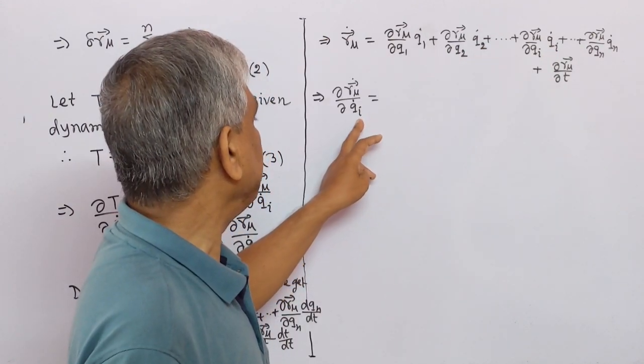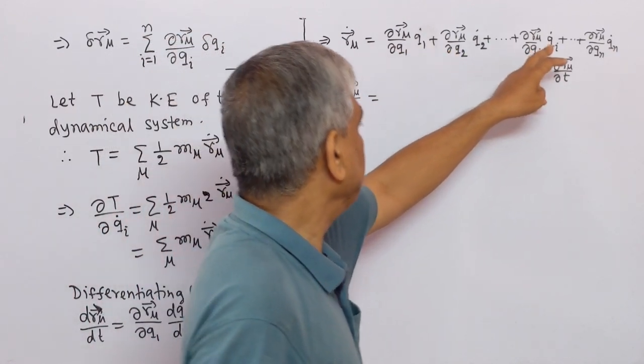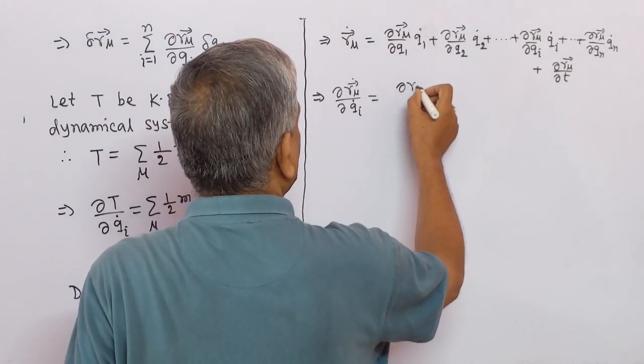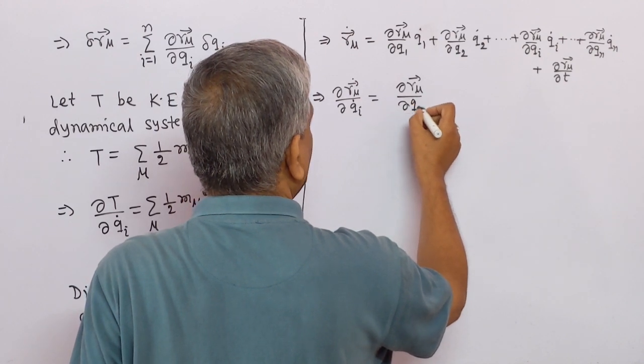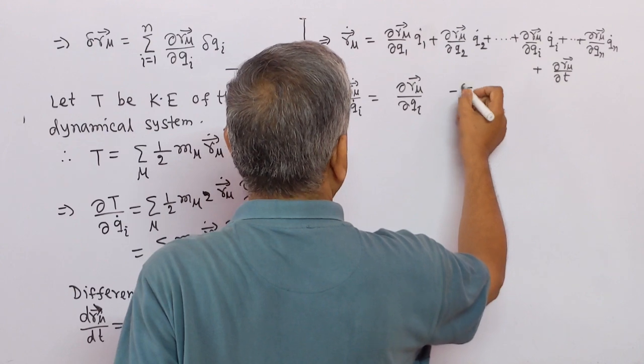So partial derivative with respect to qi dot will be 0, 0, here 1. Partial derivative of r mu vector with respect to qi. This is number 5.